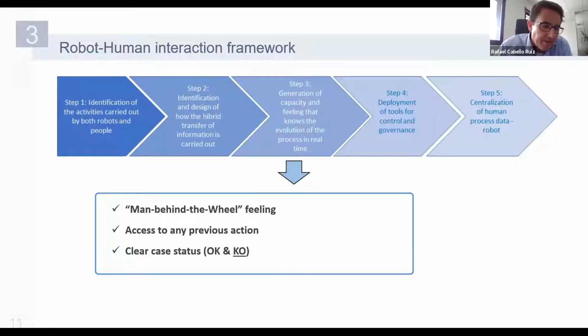But in any case, the human must feel that they drive the process, even if it is not real.